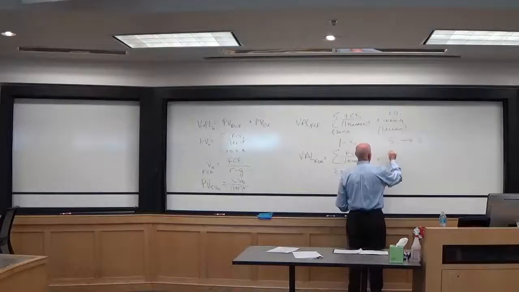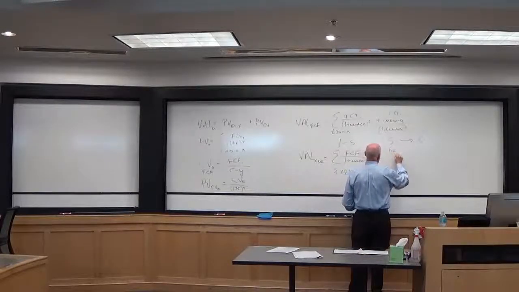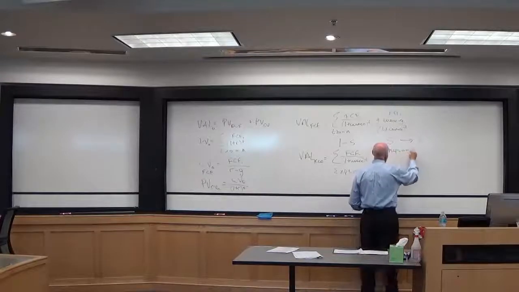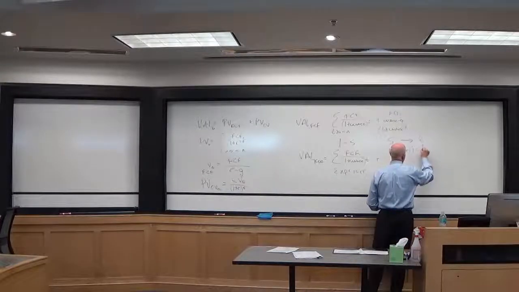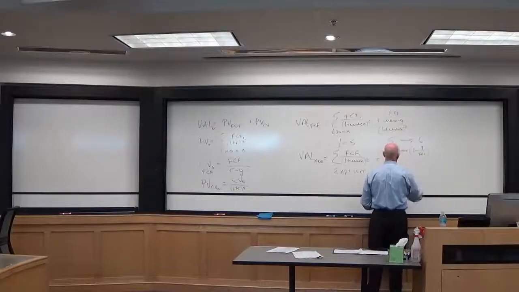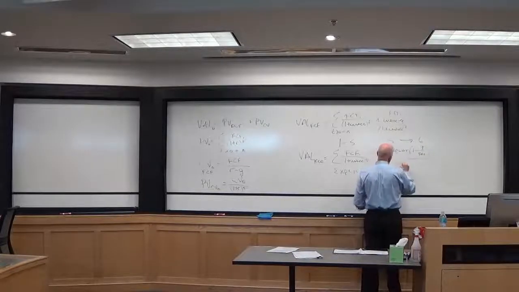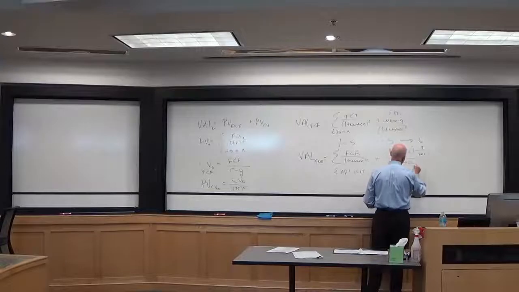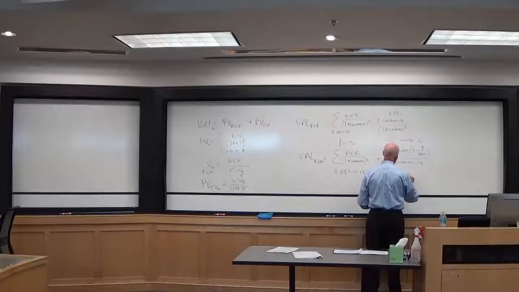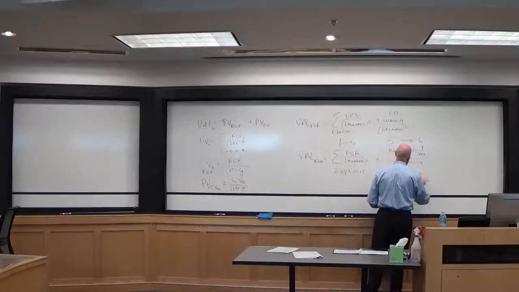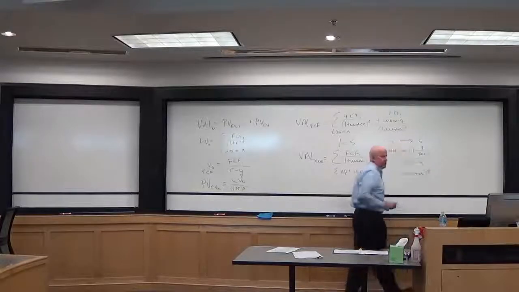Plus, no plat times 1 minus G, divided by ROIC, divided by WACC minus G divided by 1 plus WACC to the T.